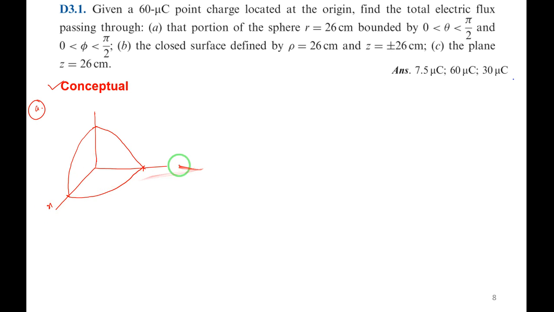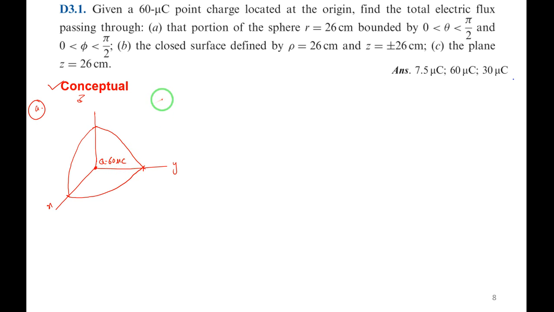This is x axis, y axis, z axis. 0 to 90 means it is projected onto the xy plane. 0 to 180 it should come if it is a sphere, but it is 0 to 90 degree. Then phi is 0 to 90 degree. From the x axis we measure the angle phi. So 1/8 of a sphere. The charge is located here at the origin. That is Q, 60 microcoulomb.